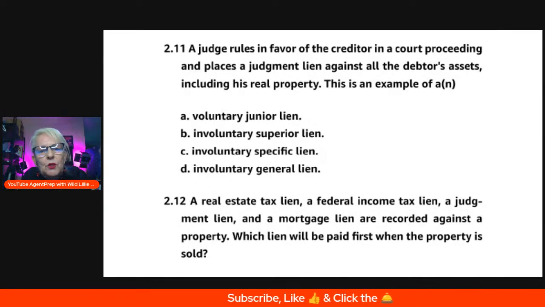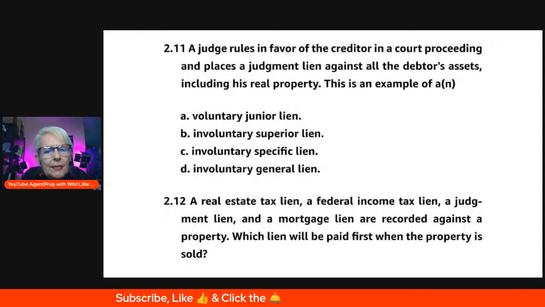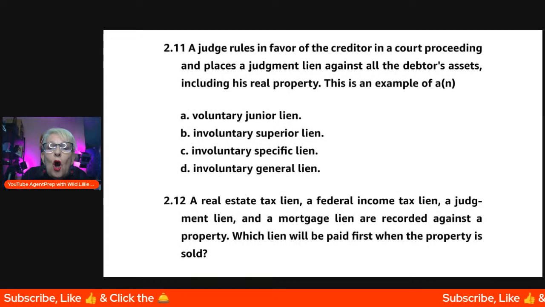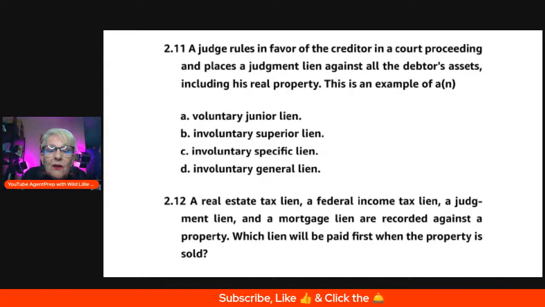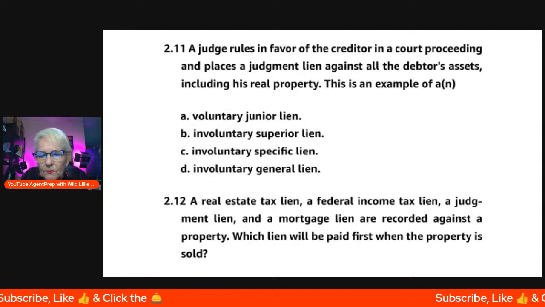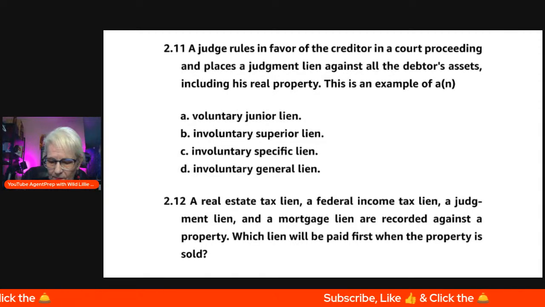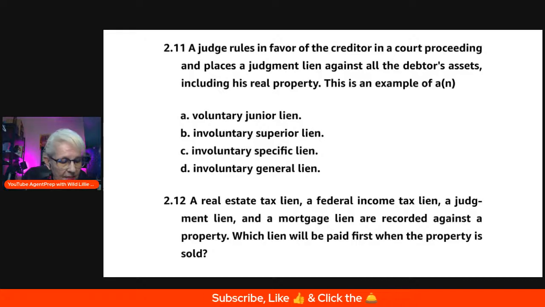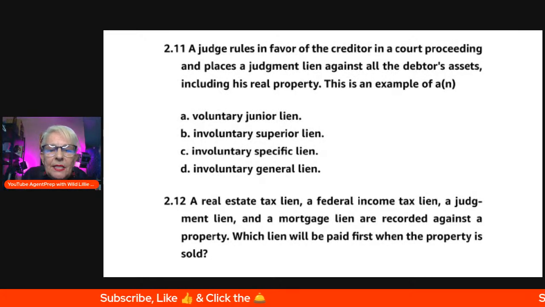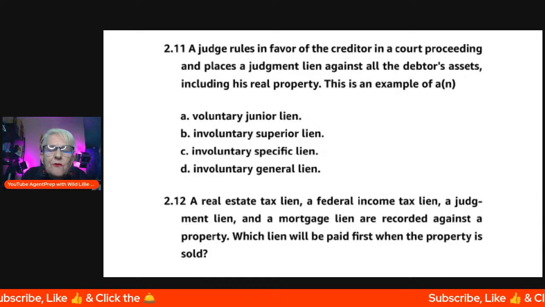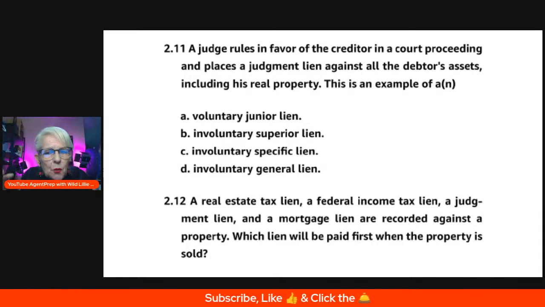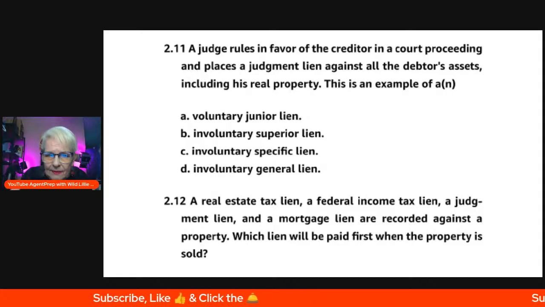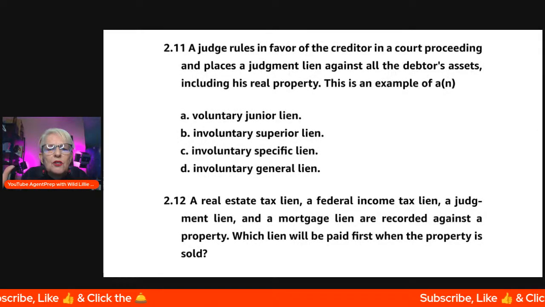So when the judge rules in favor of the creditor in a court proceeding and places a judgment lien against all the debtor's assets, not just the real property, what kind of lien is this? The answer here is D. It's an involuntary general lien. General is broad, kind of like a general in the military. So think of all the debtor's assets; it covers everything.